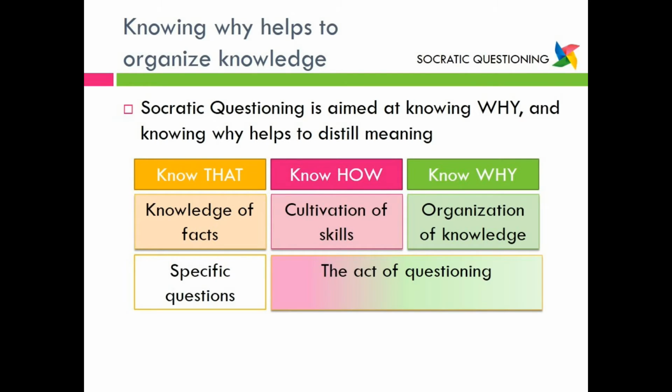There are two other dimensions of knowledge, though, that are worth pulling out. There's also know-how. Know-how is typically talked about in terms of skills and the cultivation of skills. For instance, somebody who knows how to swim would like to become skilled in swimming. Again, other types of know-how might be, I know how to ride a bicycle. I know how to solve problems.